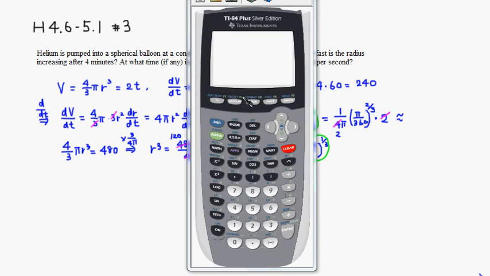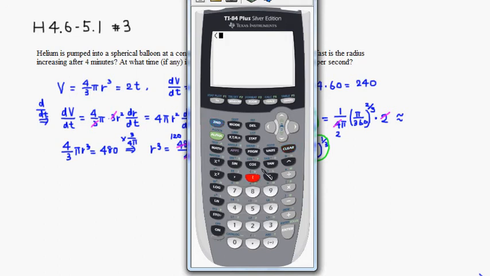All right, so we have a calculator, so we need to type in parentheses pi over 360, right? Then raise it to the 2/3 power.